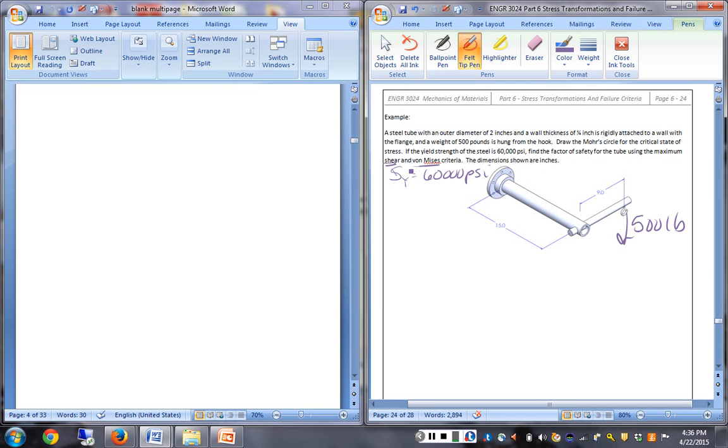How do I know that? Can you explain to me why I know it's the top and the bottom, not the left or the right? Well, it comes back to the fact that, if this shear is negligible, it's going to be the top or the bottom, because this shear force acts the same on both sides.